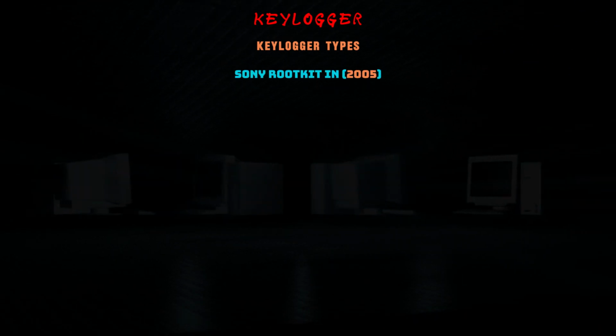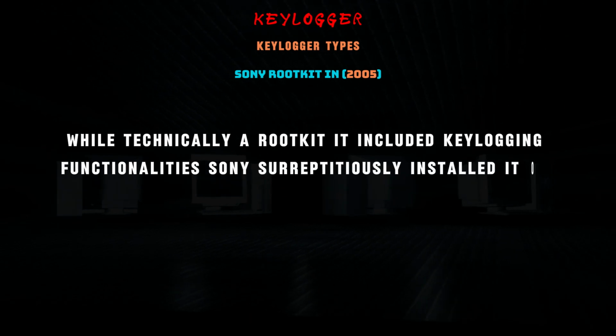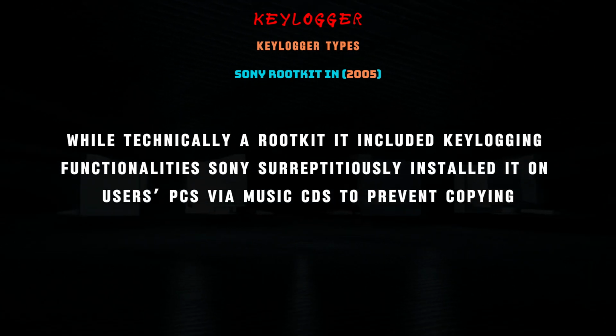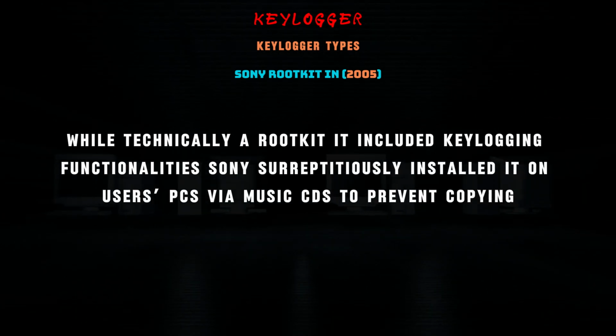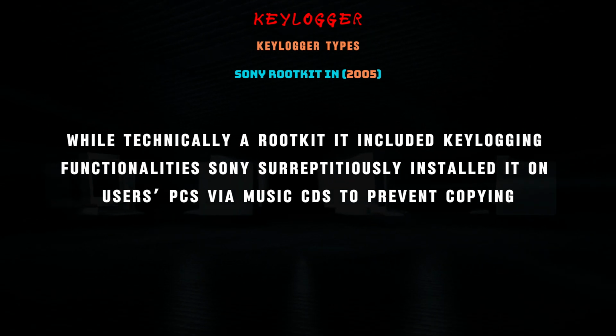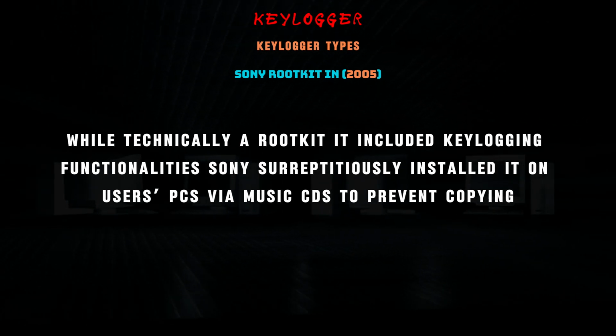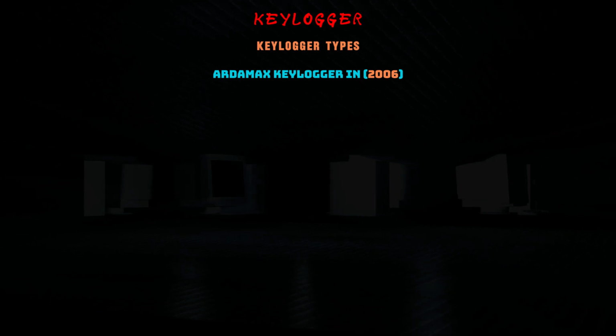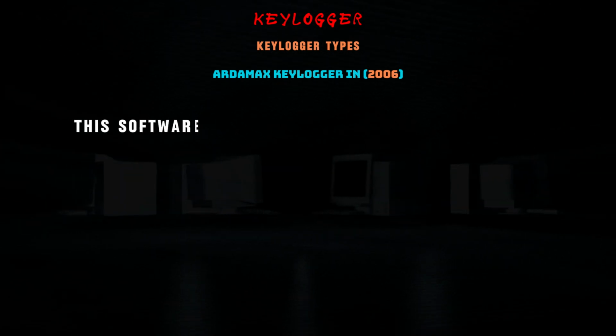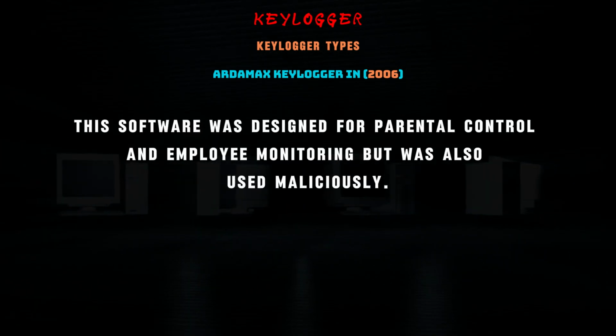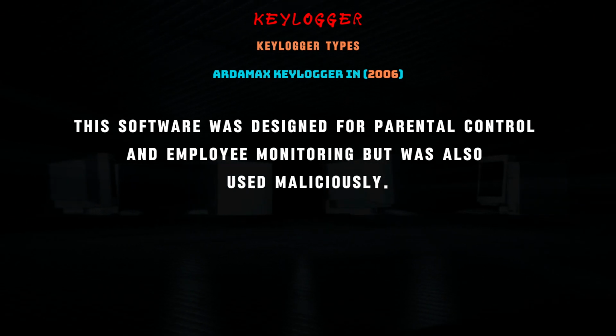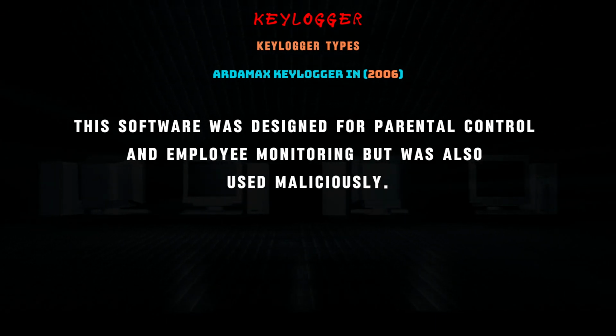In 2005, while technically a rootkit, it included keylogging functionalities. Sony surreptitiously installed it on users' PCs via music CDs to prevent copying. Artemis Keylogger. In 2006, this software was designed for parental control and employee monitoring, but was also used maliciously.